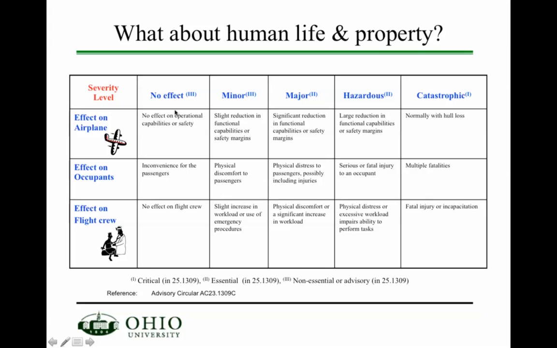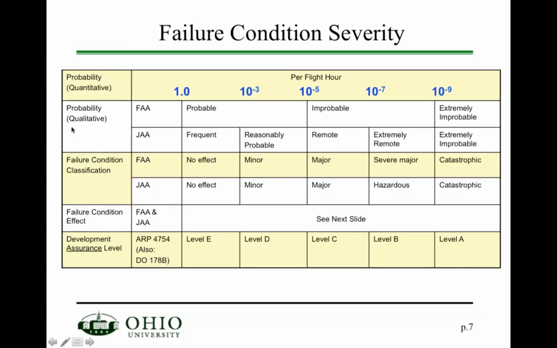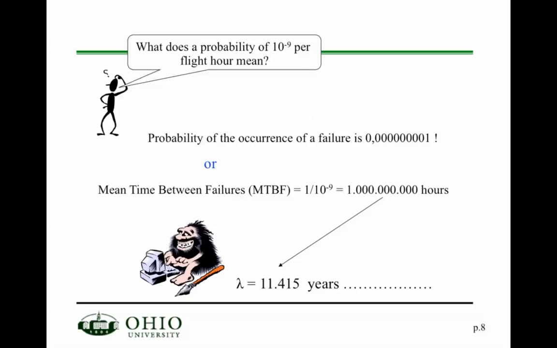If a system failure could lead to complete hull loss, that system must be classified as a catastrophic failure condition. So you must make sure in your design that the failure probability is going to be highly unlikely, extremely improbable.